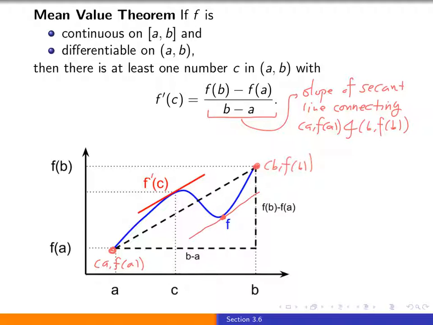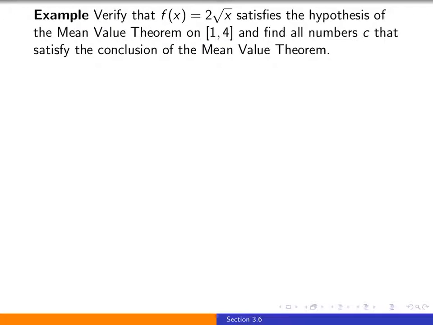So let's investigate this just from a purely analytic perspective, and let me remind you of the hypotheses. You can apply the mean value theorem when the function is continuous on a closed interval, differentiable on the open. So let's verify that for the function given here, the hypotheses are satisfied on the interval from 1 to 4, and let's find all numbers c that satisfy the conclusion. So let's see here, our function f of x equals 2 square root x is continuous and differentiable everywhere that it is defined.